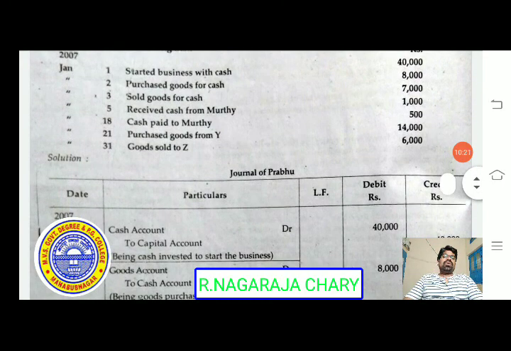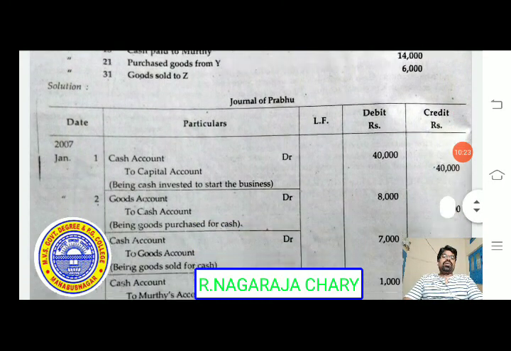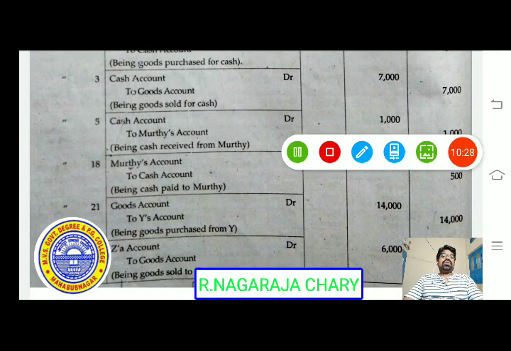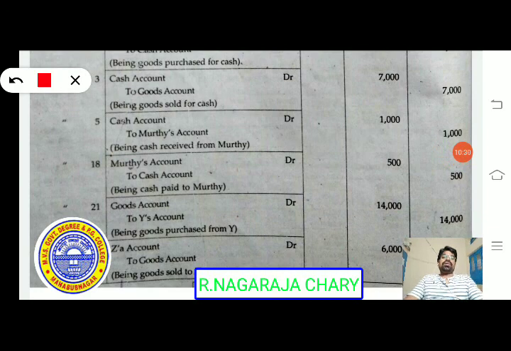Next, third transaction. Third transaction is goods sold for cash, that is 7,000. In the earlier case it was purchase, in this case sales, we sold goods for cash. Here we are receiving income according to nominal accounts, in the name of goods.